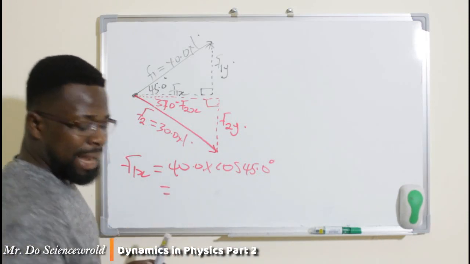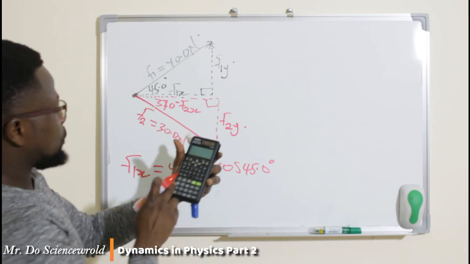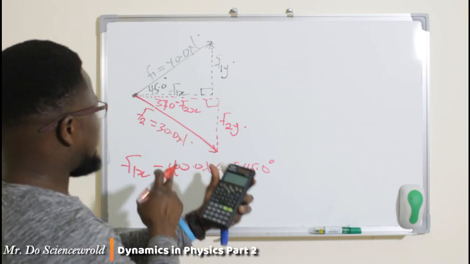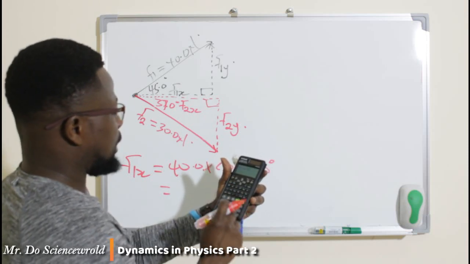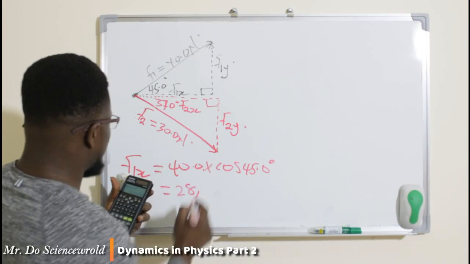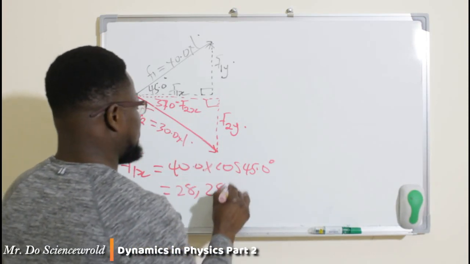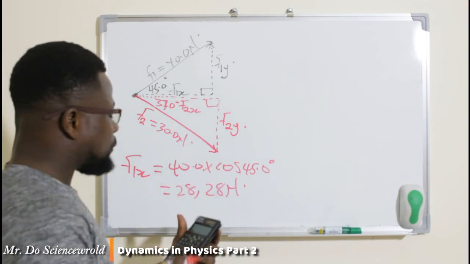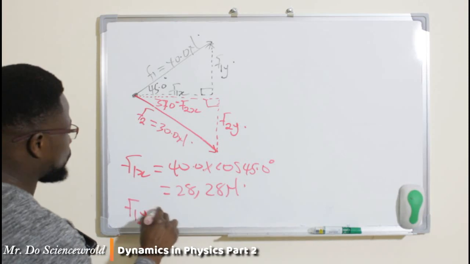Let's make use of the calculator. I'm going to have 40 multiplied by cos 45, and that is going to give me 28.28 newtons.